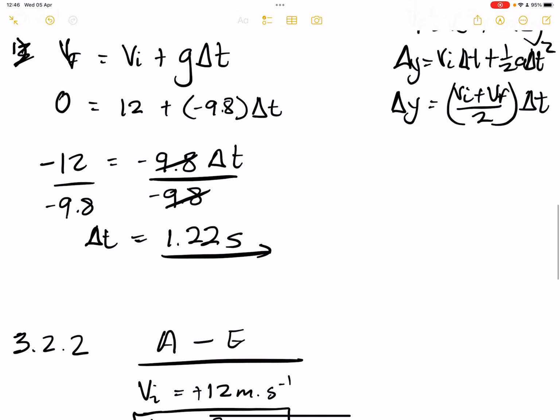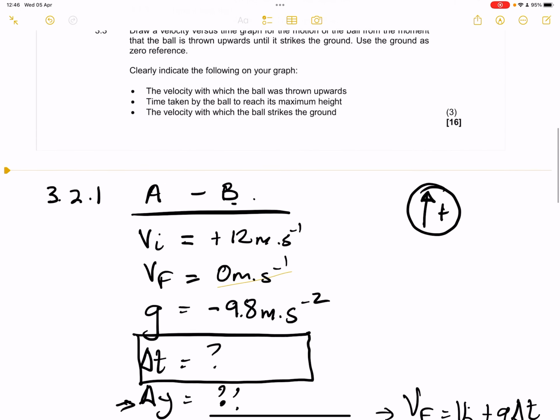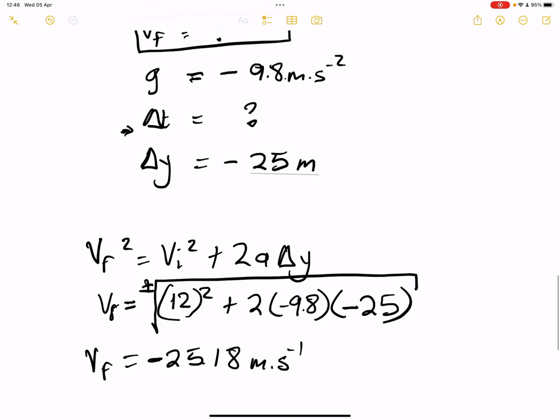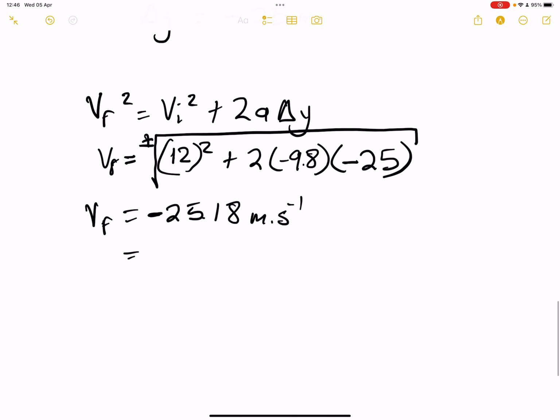Now, ladies and gents, remember, negative simply means that it is going down, right? But because they said to you calculate the velocity with which it strikes the ground, it means you must mention direction. So the velocity will be 25.18 meters per second. And in which direction is that? It must be downwards. I hope that makes sense, right?